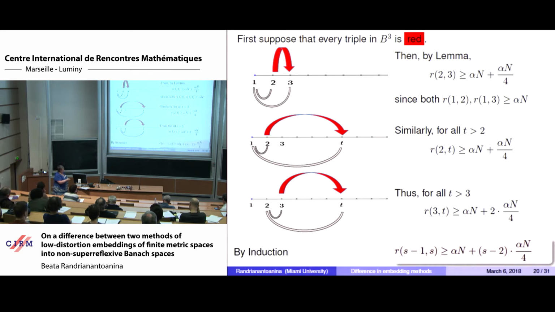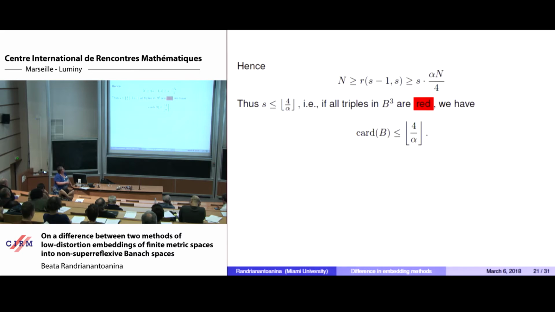So as we keep going like this, until we reach the last stage, we will obtain that the last pair has to be at least alpha n plus s minus 2 times alpha n over 4, right? But we, of course, know that that number has to be less or equal than n, because I only have n coordinates to begin with, right? So, which is written over here. All my points live on coordinates from 1 to n.